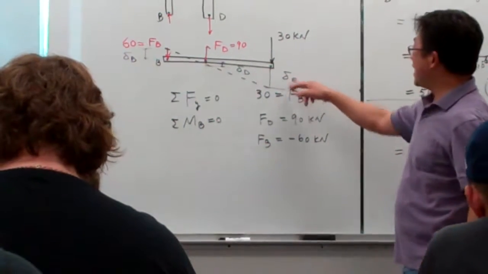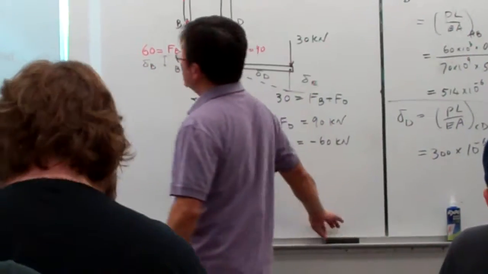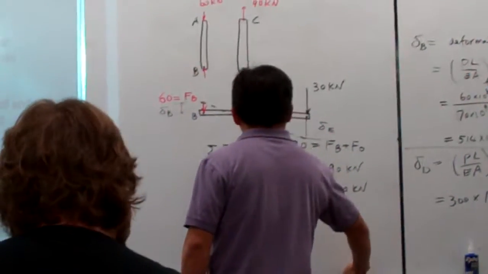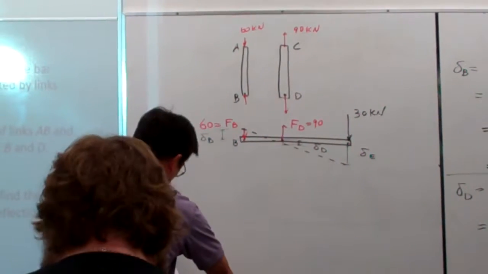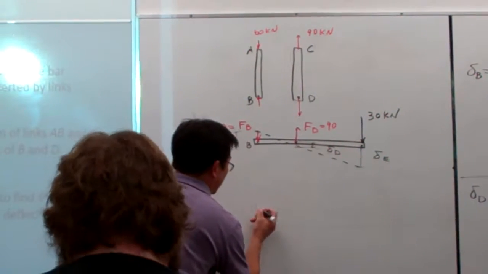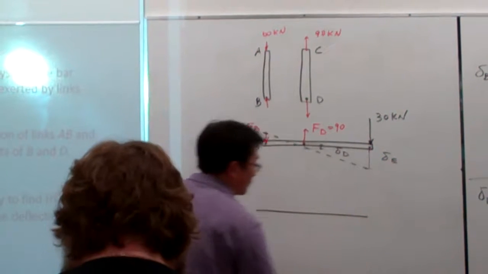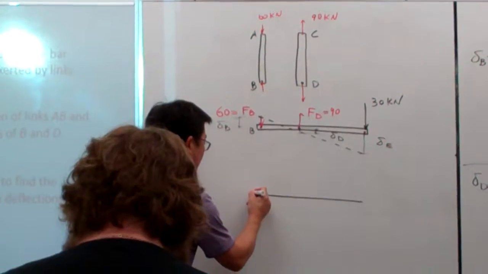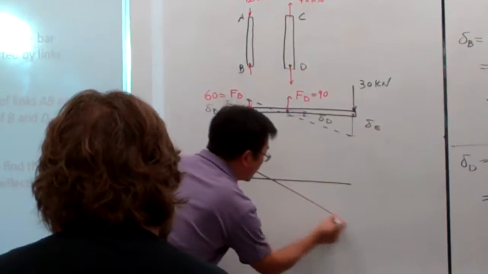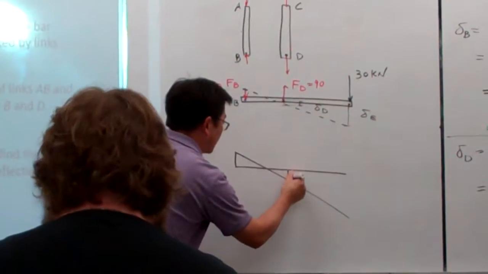So now, how to calculate delta E. Let me erase this part for a moment. So here is the original orientation of the solid bar, and B is moving to here. Let me go here.